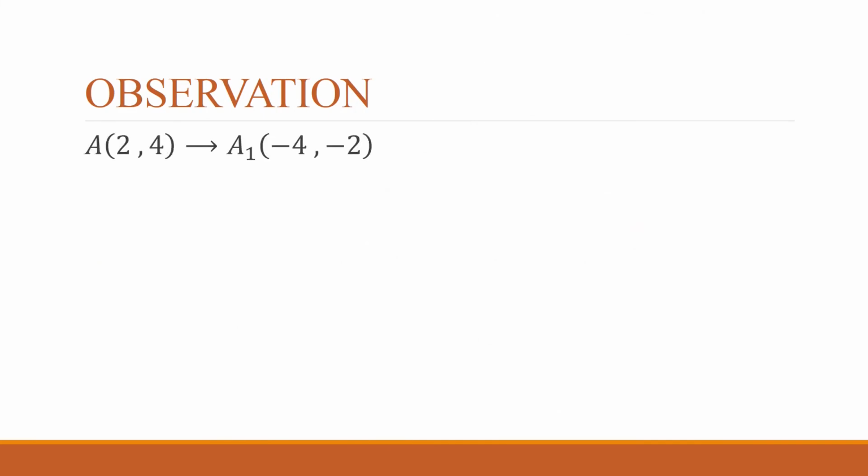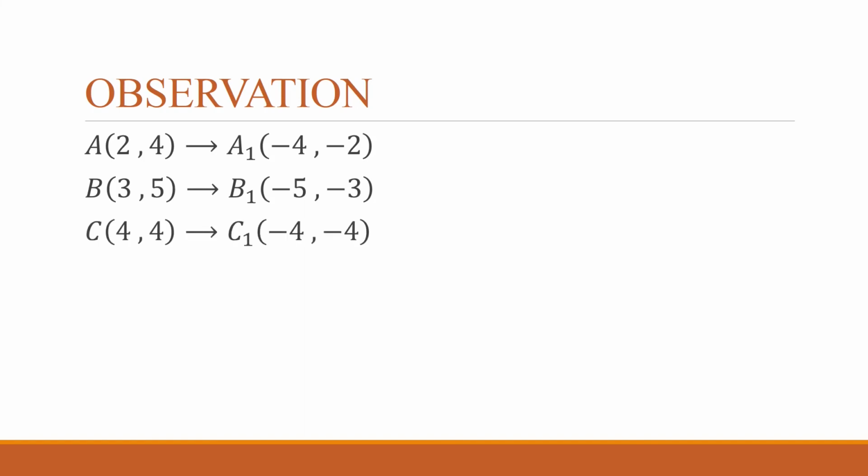Now what do you observe? As usual, the first point given to us was A, 2, 4, and after reflecting, it became negative 4, negative 2. The second point was B, which is 3, 5, and after reflecting, became negative 5, negative 3. And the last point, C, was 4, 4. After reflecting, it became negative 4, negative 4.